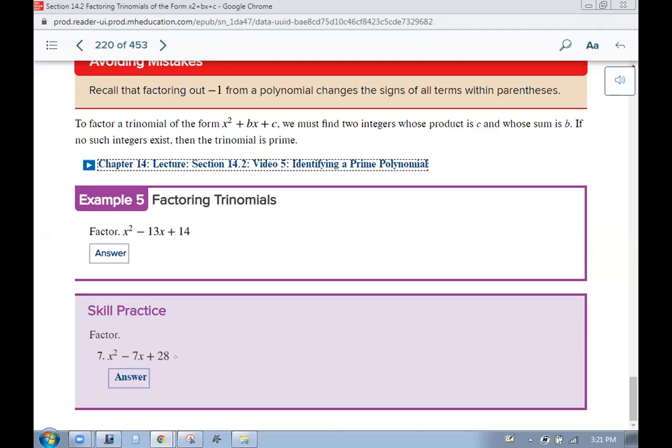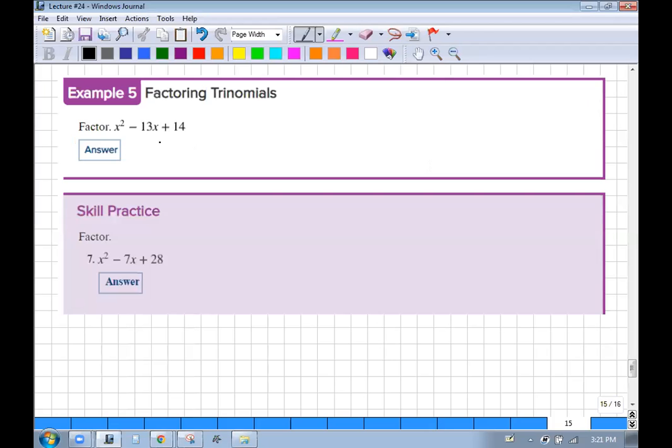Okay. So you saw how she identified that this is a prime polynomial because you can't factor it. And the way she showed you can't factor it, she looked at all the possible integers that multiply to give us the 14. So let's look at an example here. If we try to factor this one, I don't know, it might be factorable, maybe not. Yeah, it looks like it's factorable.